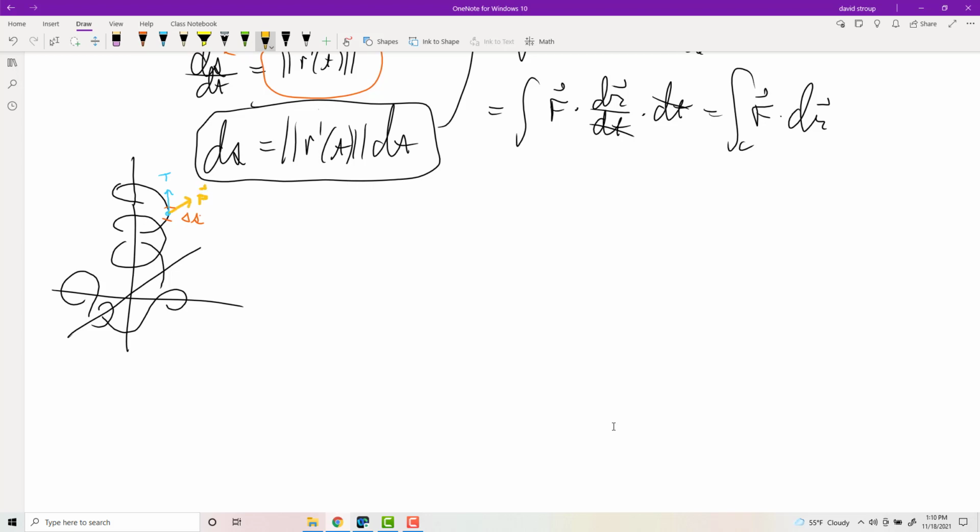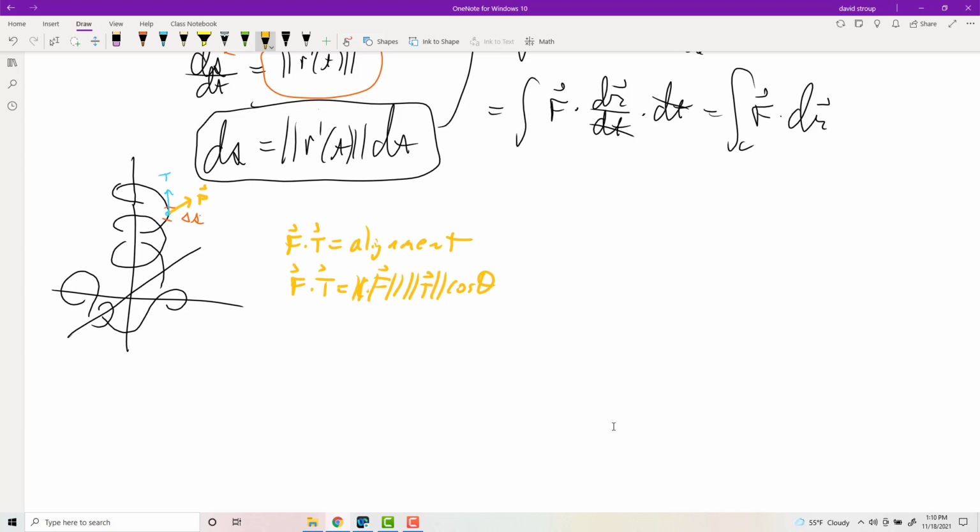And what that integral is doing, because it's a dot product, is that f dot t represents the alignment between these two vectors. Because remember, f dot t is equal to the magnitude of f times the magnitude of t times cosine theta.